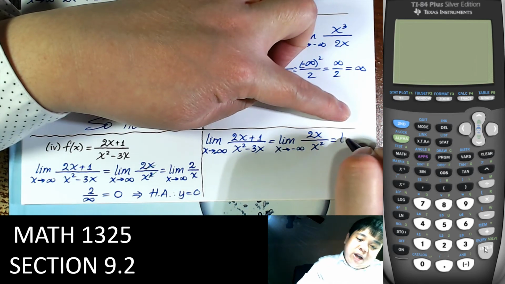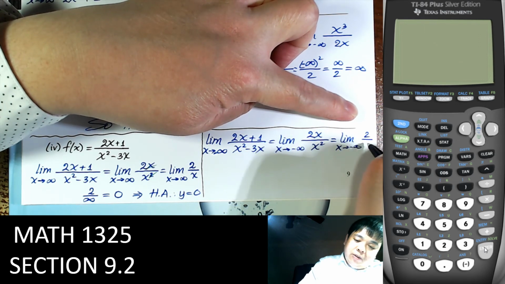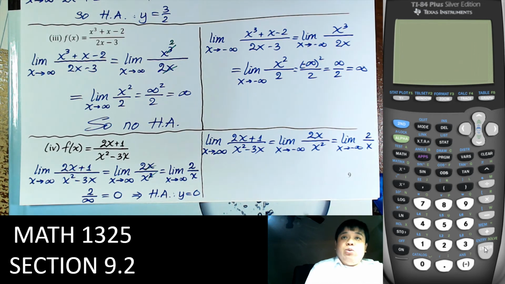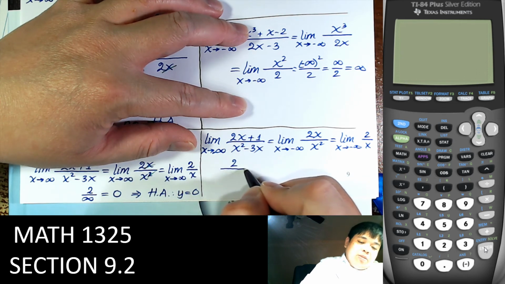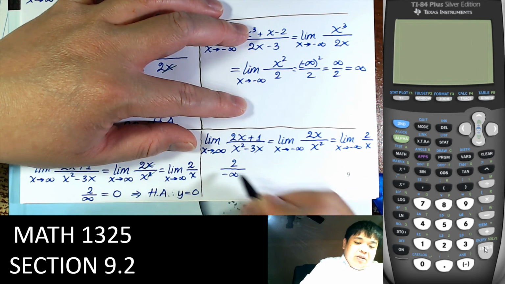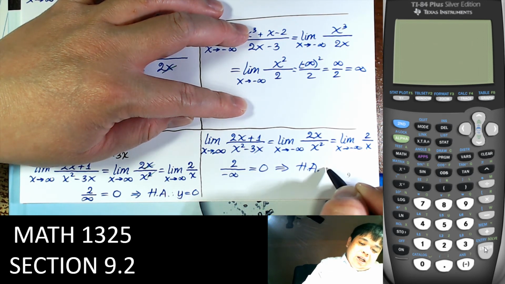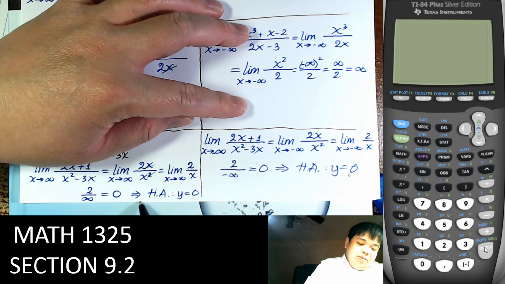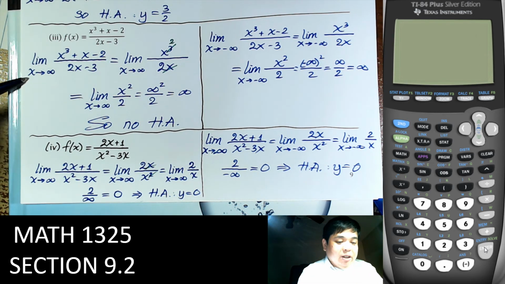And 1x cancels out. Now x goes to negative infinity. Well, we still have the finite number 2 divided by negative infinity, so that is equal to 0. So the horizontal asymptote, again, is also y equal to 0, which we already have, so we don't need to write that again. Right, so simple enough. To find the horizontal asymptote, we just take the highest power on the top, the highest power on the bottom, and find the limit when x goes to infinity or negative infinity.